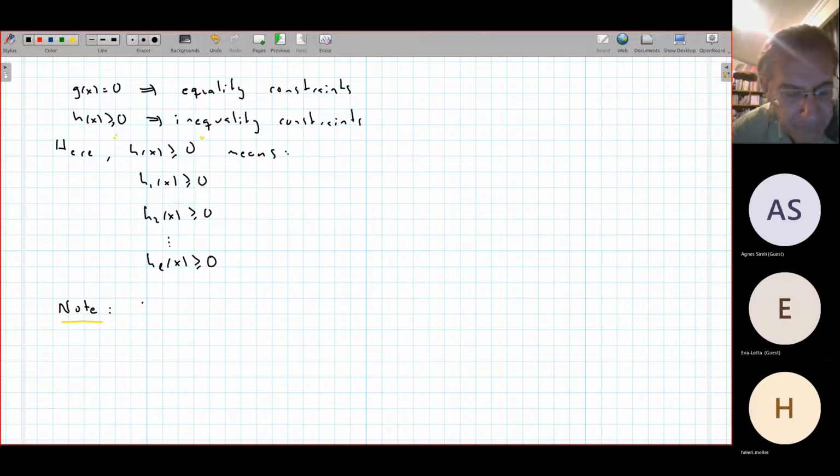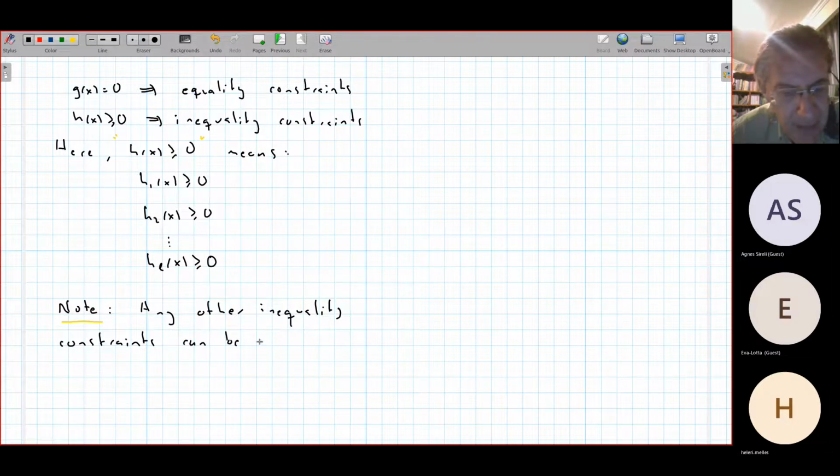Any other inequality constraint can be rewritten in the following form.